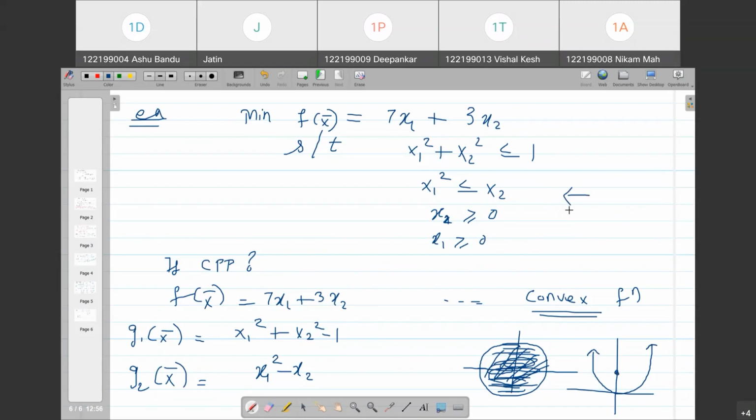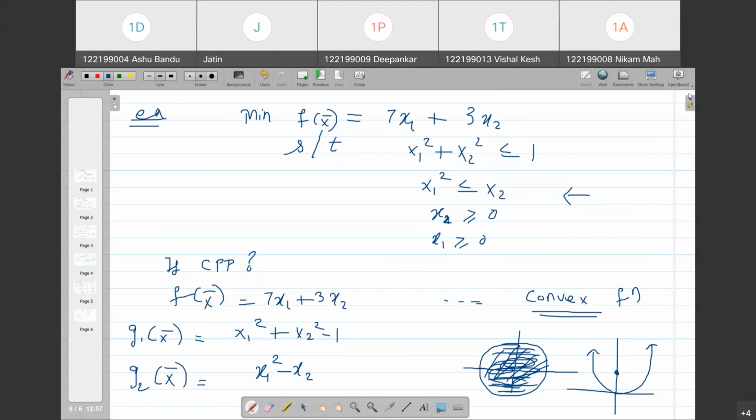Will 0, 1 satisfy this inequation x1 square less equal x2?